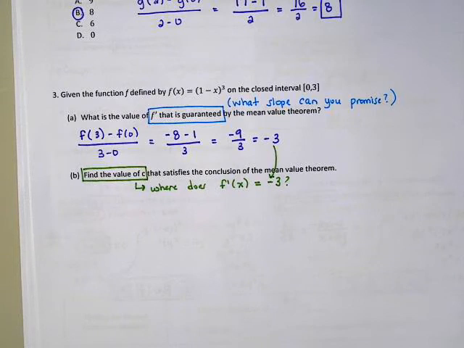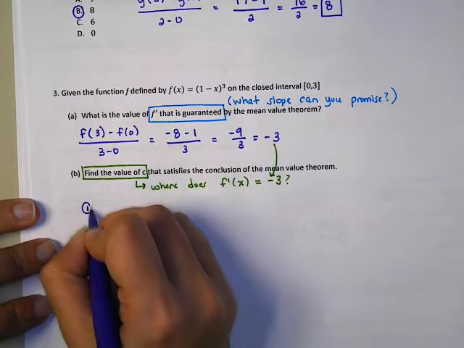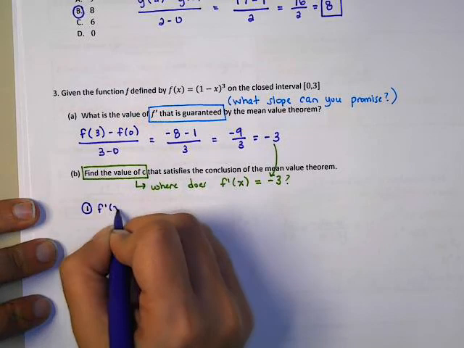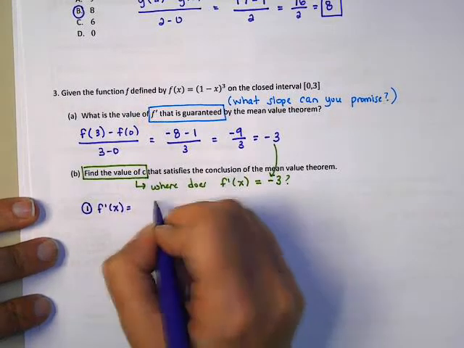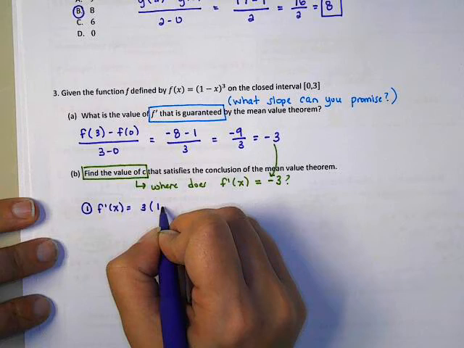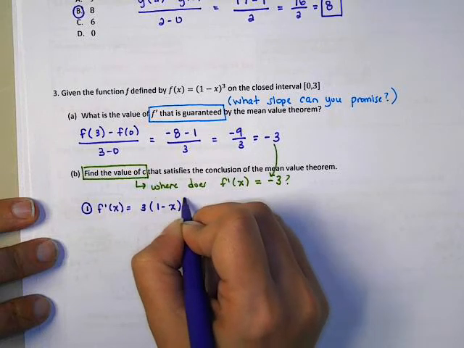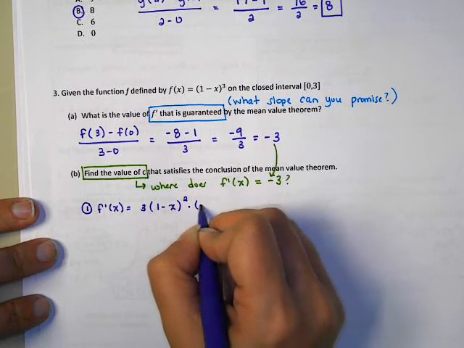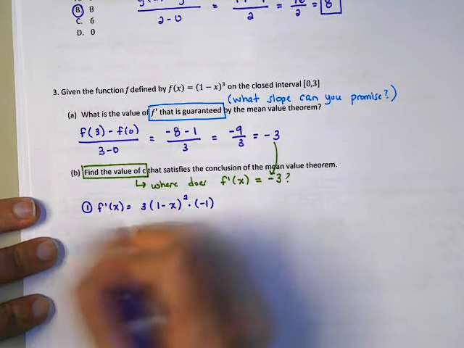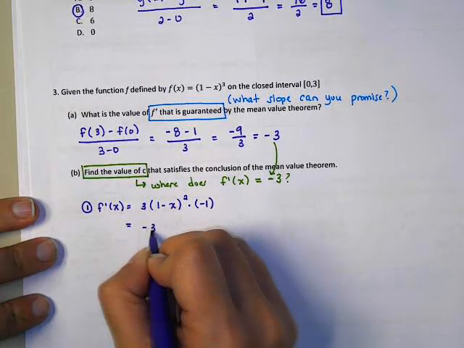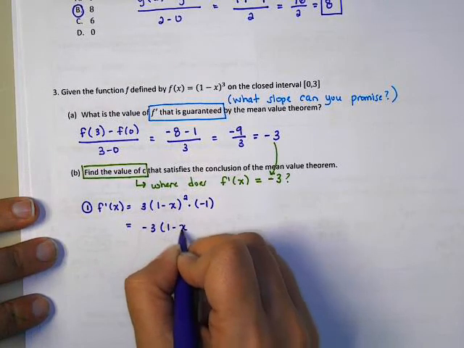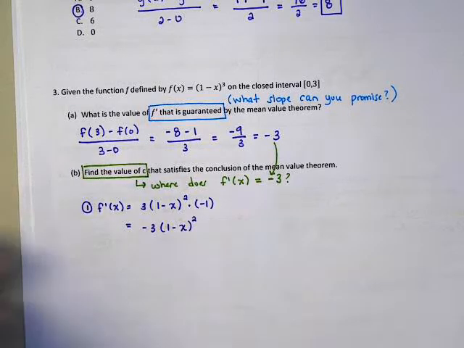So let's see if we can figure that out. In order to do this, the first thing I'm going to need to do is find f prime. So taking the derivative of this function, I get 3 parentheses 1 minus x squared times the chain, which is -1. So my simplified derivative would be -3 times 1 minus x squared.